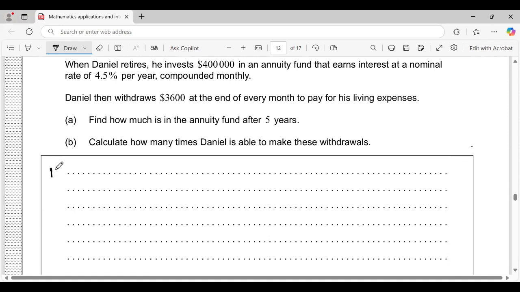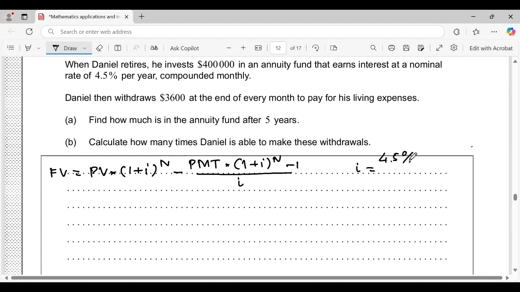The formula is FV equals PV, the present value, times 1 plus I to the power n, minus PMT times 1 plus I to the power n, minus 1, over I, where I is 4.5% over 12 because 1 year consists of 12 months.